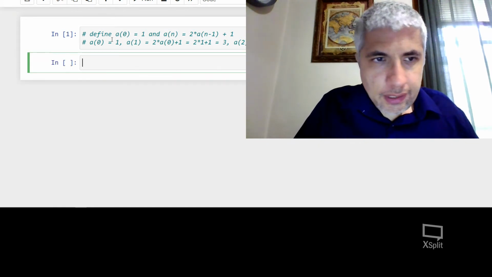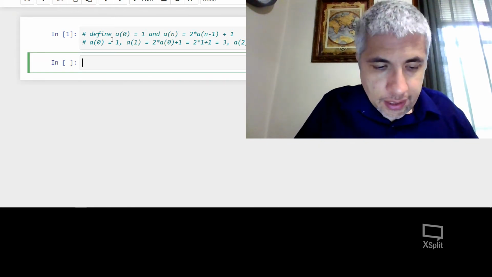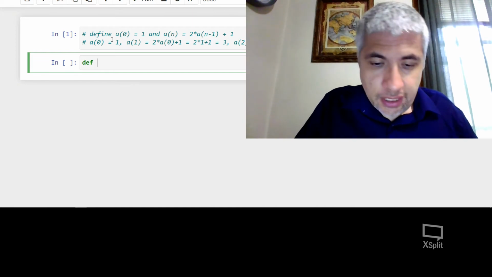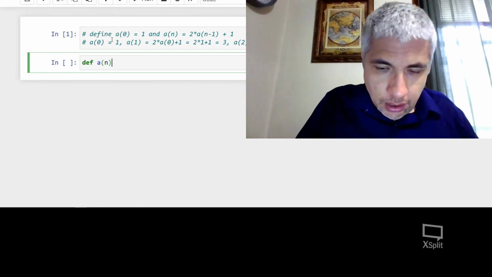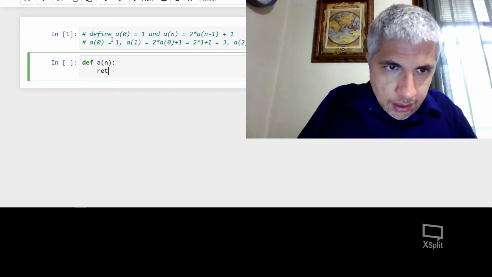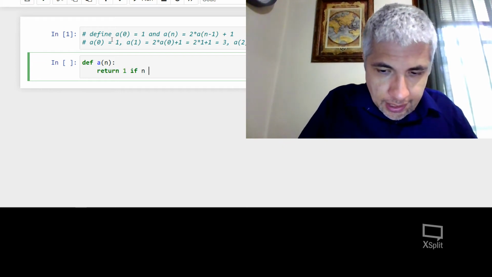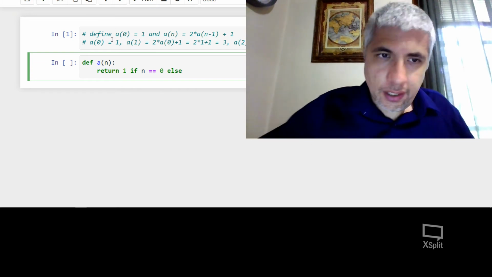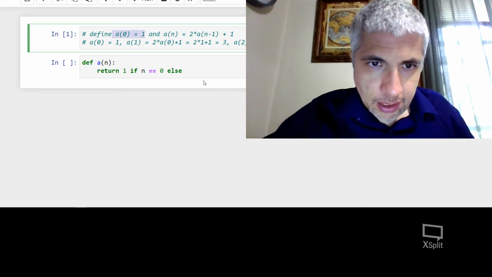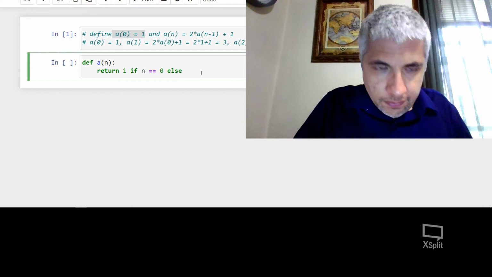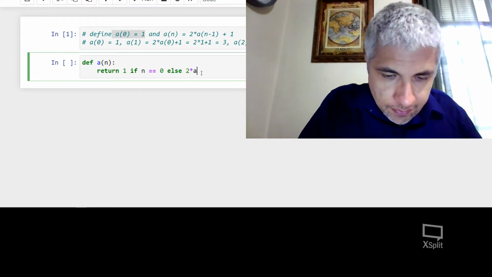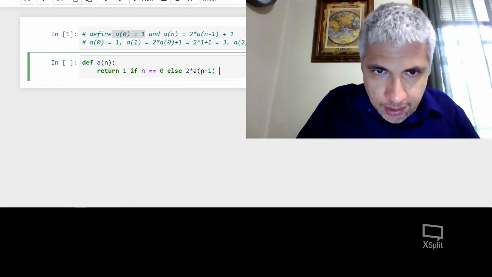So let's try to do this sort of thing in Python. And these recurrence relations are very easy to do in Python. All I do is I say, hey, return 1 if n is equal to 0, because that's our base case right here. And otherwise, we're going to return 2 times a of n minus 1 plus 1.